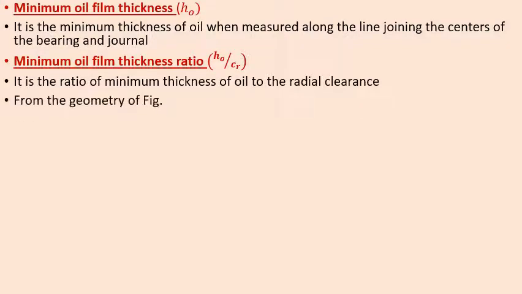So from the geometry of the figure, we can write capital R as the eccentricity plus the small r plus H naught or H minimum. Therefore, R minus r is equal to e plus H naught. But R minus r is nothing but the difference between the radius of the bearing and the radius of the journal.